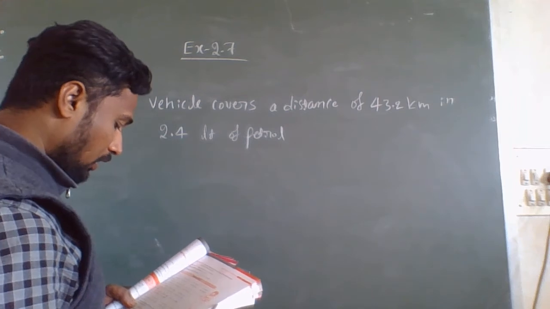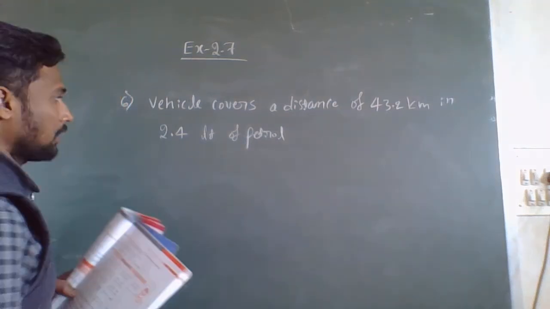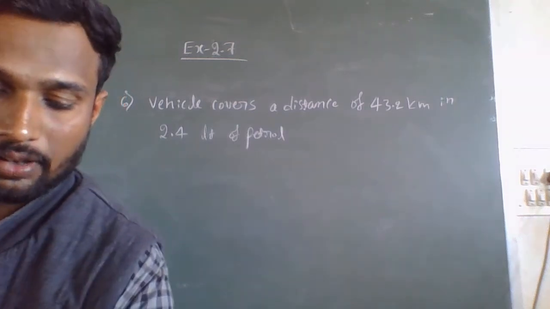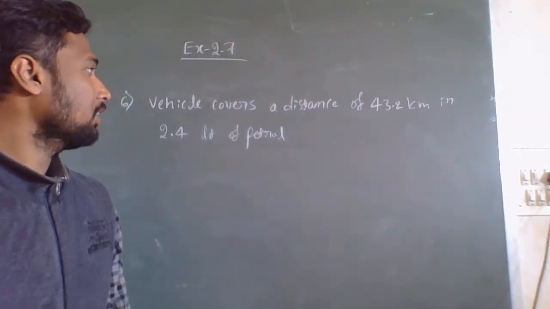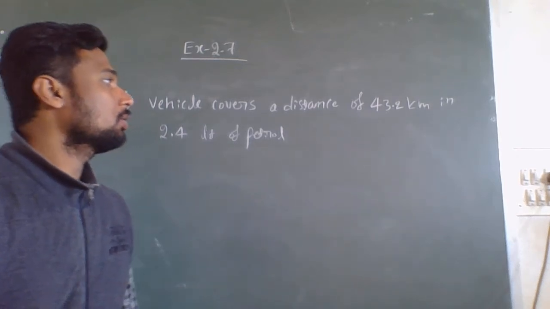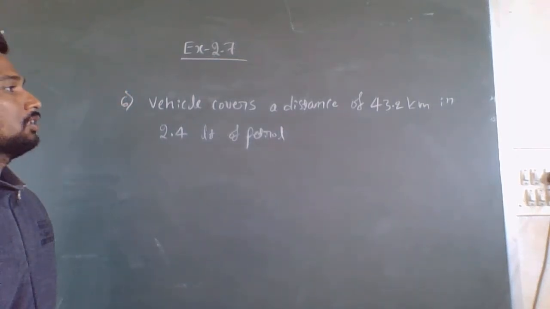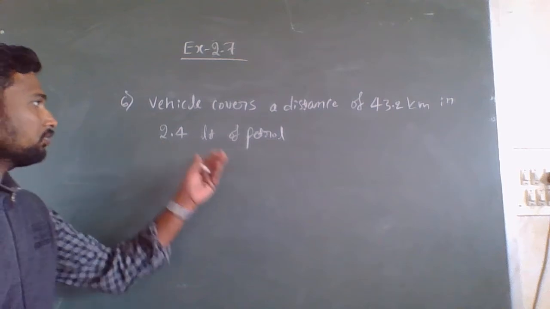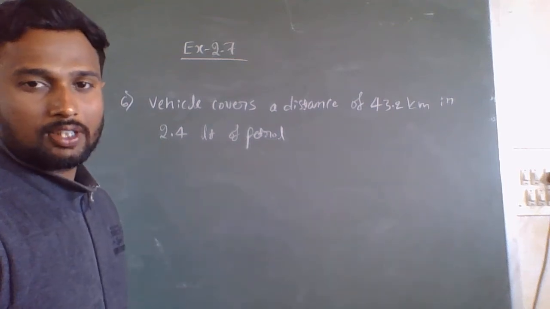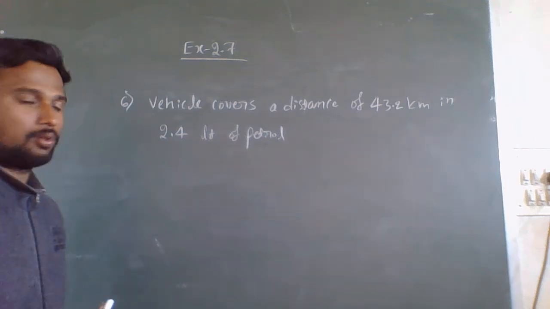So in 1 liter how much distance it will cover? They are asking in 1 liter how much distance it will cover. They have given that one vehicle will cover distance of 43.2 kilometers in 2.4 liters of petrol. So they are asking how much distance it will cover in 1 liter of petrol.